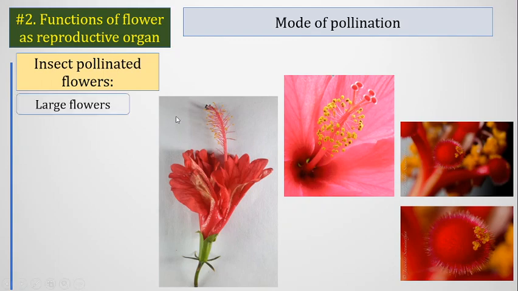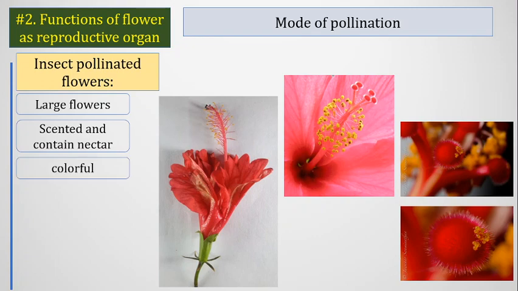For example, these flowers are usually large and scented and contain nectar, so that insects are attracted towards the flowers to get nectar from them. They are also very colorful to attract the insects, and the pollens and stigma are both sticky.